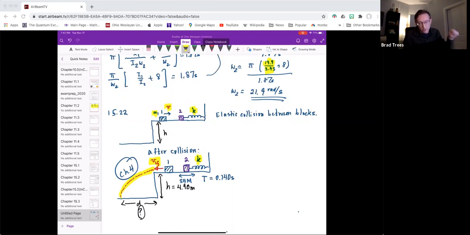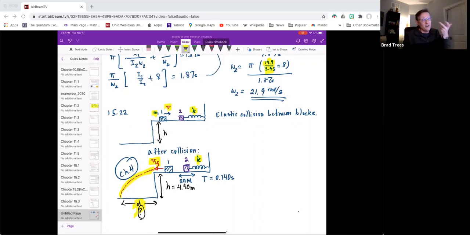But as far as the projectile motion is concerned, it's the initial velocity, and that initial velocity is purely horizontal as block 1 leaves that elevated surface. So if you can figure out that v1 final, you can do the chapter 4 problem to find out how far the d is. So let's just talk about how to get that, what I'm calling v1 final.